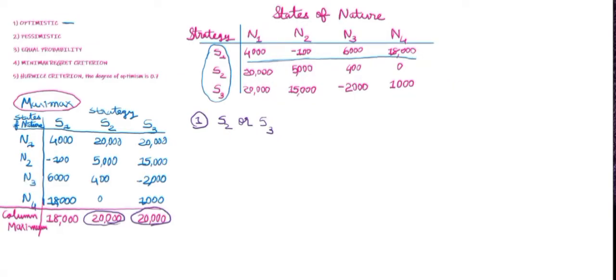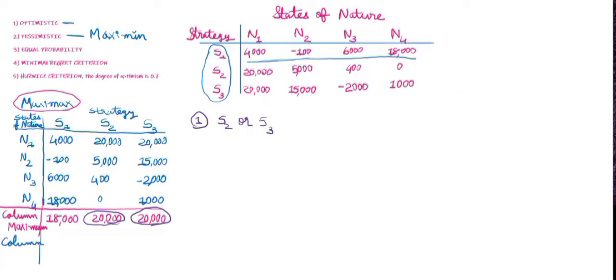Now for finding the answer to the second question, which is pessimistic, we'll find the Maximin criterion. Here it is written as pessimistic. In many of the questions it will be directly given to you to find the Maximin criterion. So we'll just see how we can find the Maximin criterion. For that, the table will remain the same as we have made for the first question.